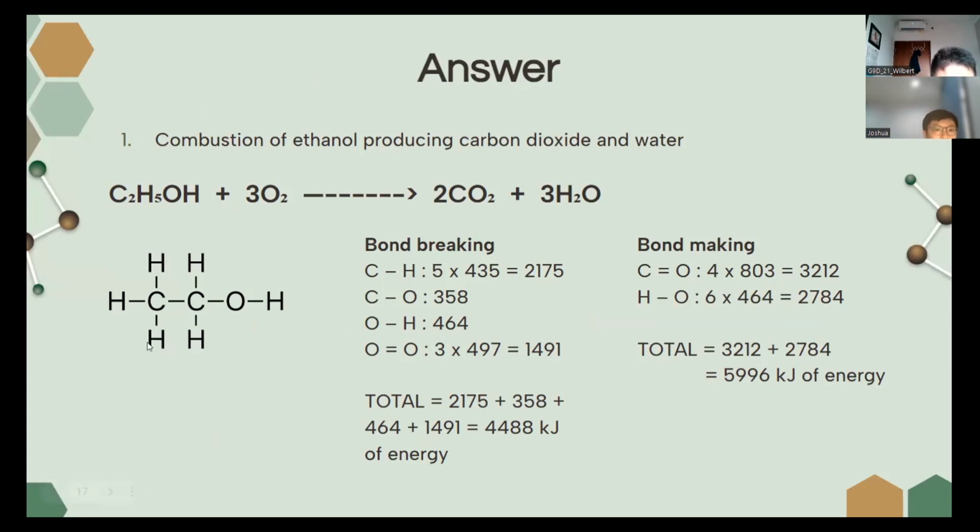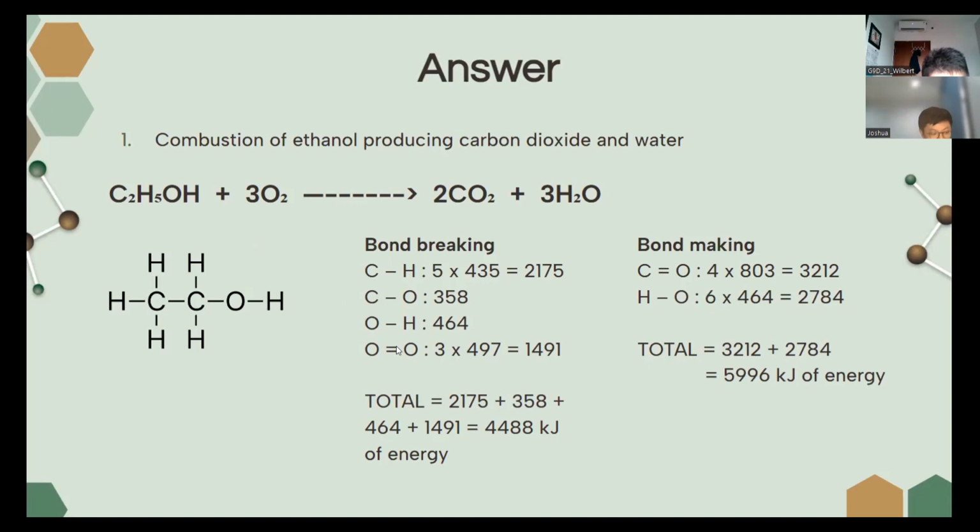This is the diagram. When breaking, C-H equals 5 times 435. I get the 5 from the H5 here, so I put the 5 here, times 435 equals 2175. And for C-O it is 358 and O-H is 464.